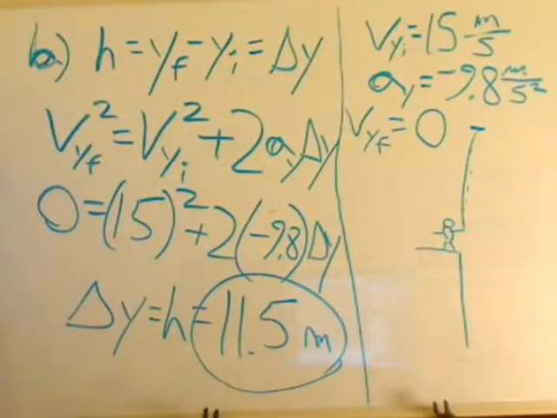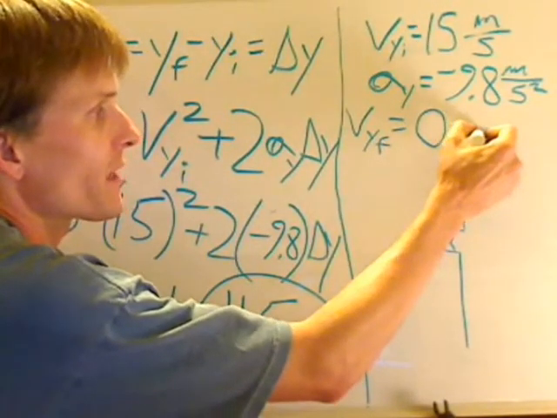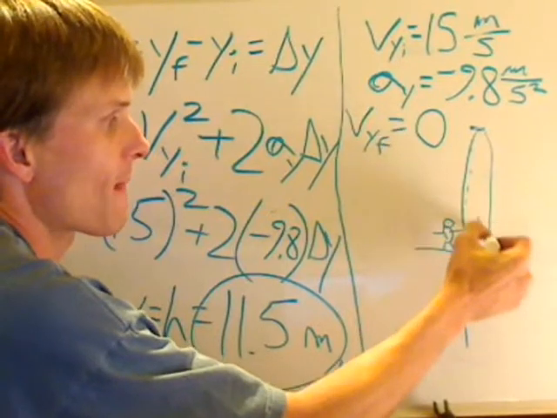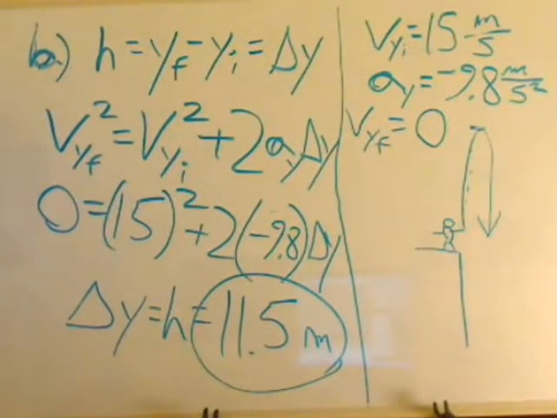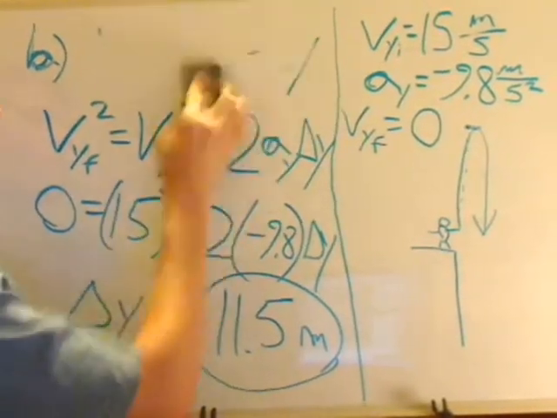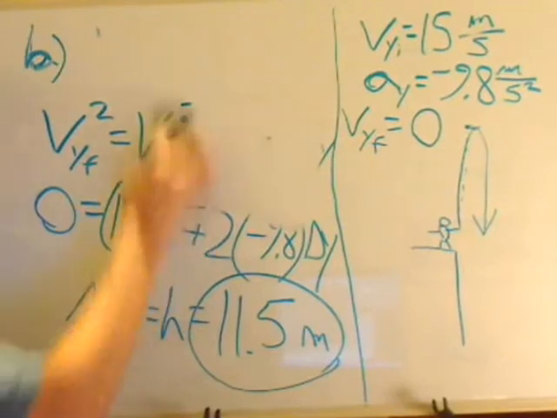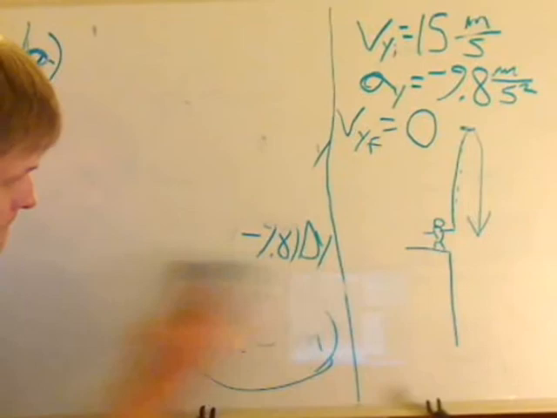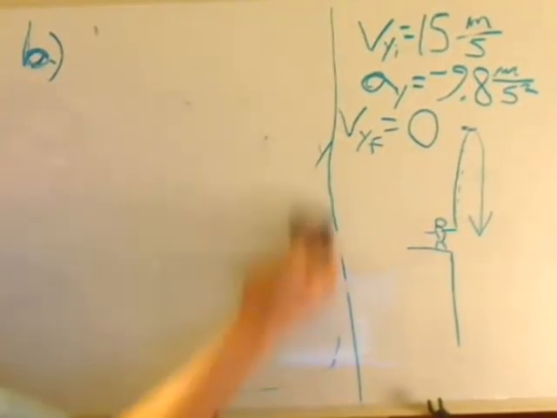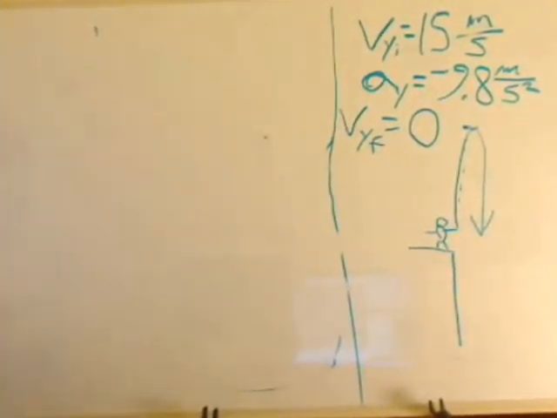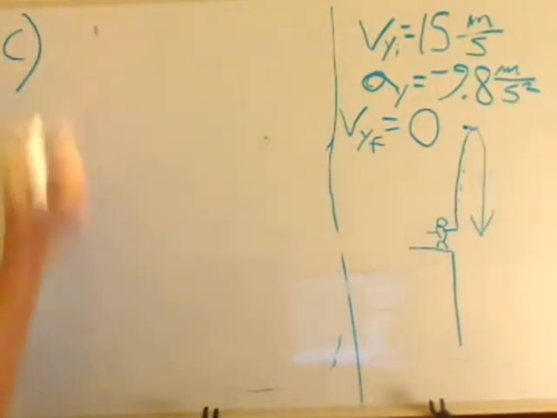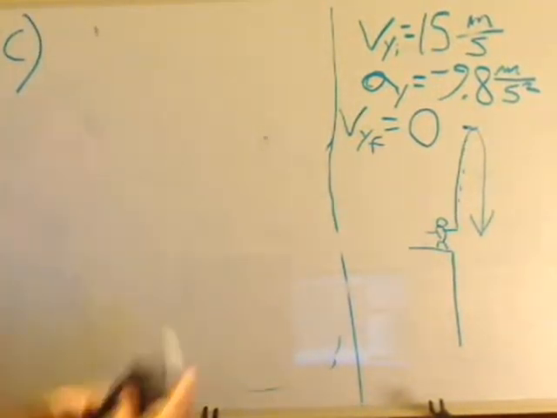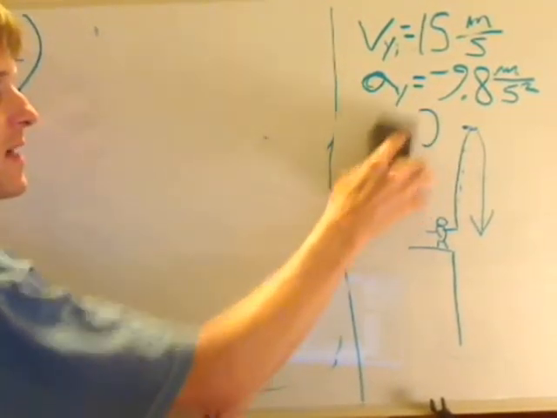Now in part C, we're asked how fast is it moving when it gets back down to the man here? How fast is it falling downward? So a slightly different moment in time for part C. It's no longer the case that our final velocity is 0.